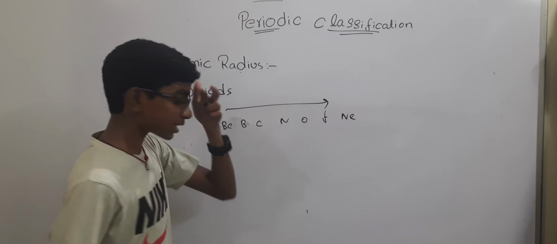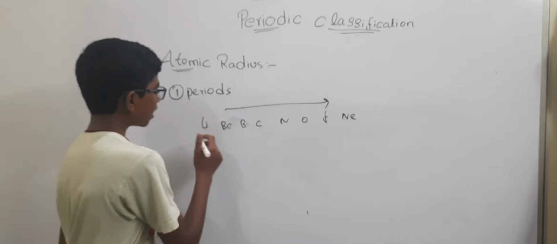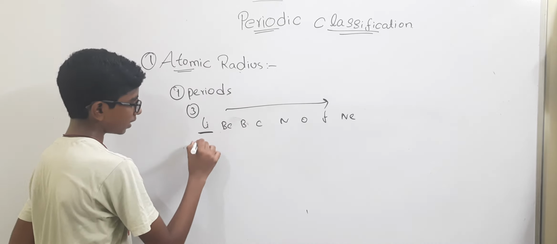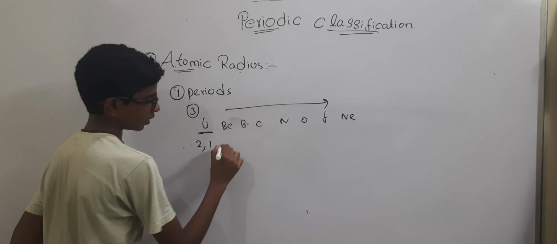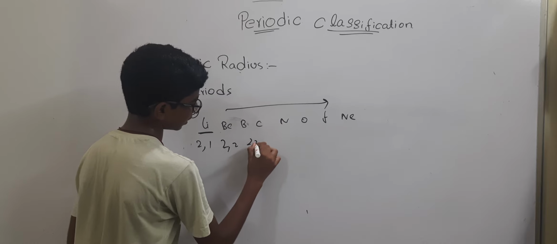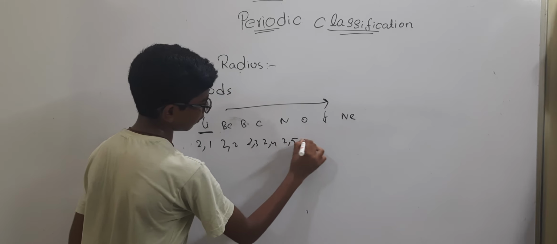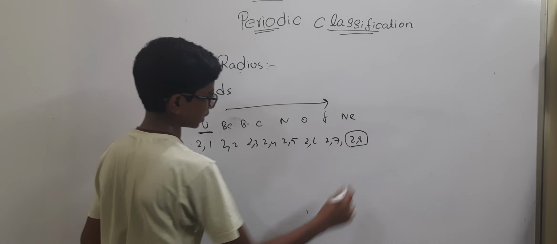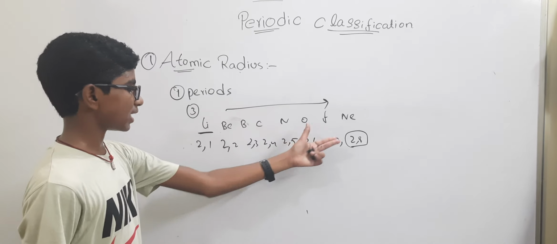For lithium, how many electrons are there? 3. The configurations are 2,1; 2,2; 2,3; 2,4; 2,5; 2,6; 2,7; 2,8. It is an octet configuration for the noble gas elements.